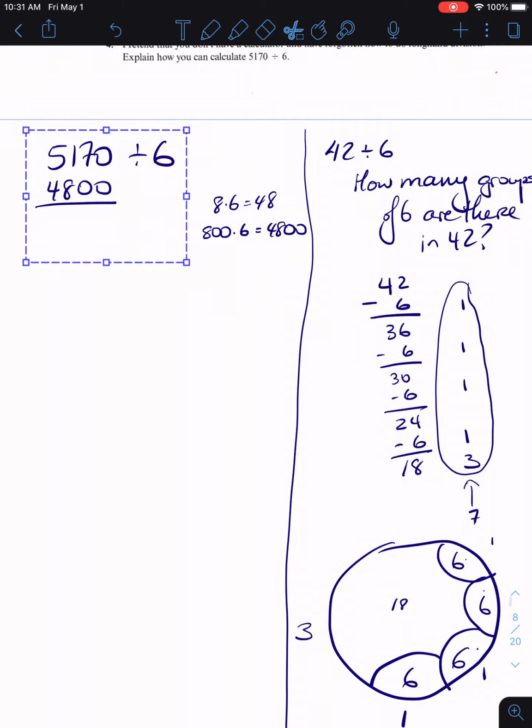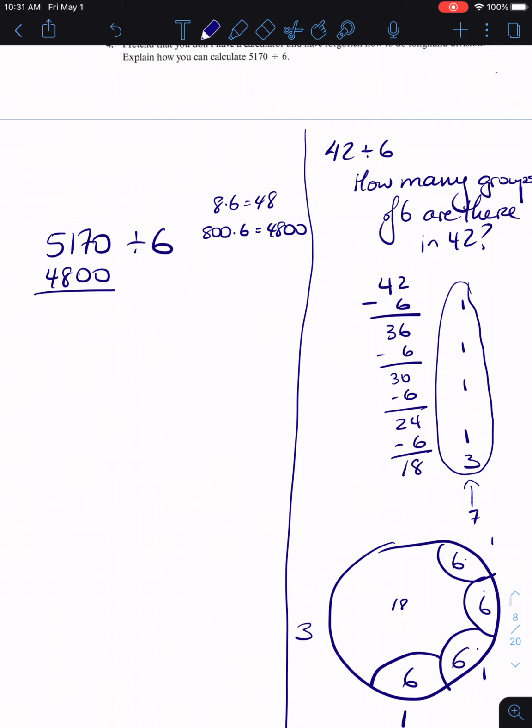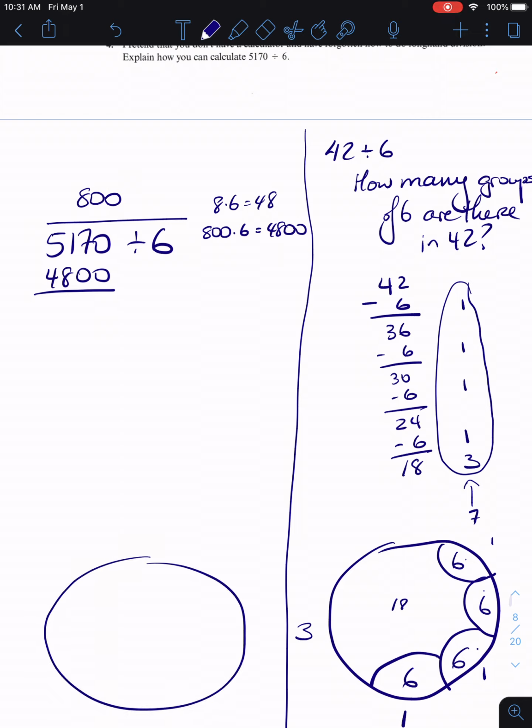Let me move this down a little bit to make myself room. So 4,800 is 800 groups of 6. I took a big chunk of it, almost all of it. I'm left with 370.